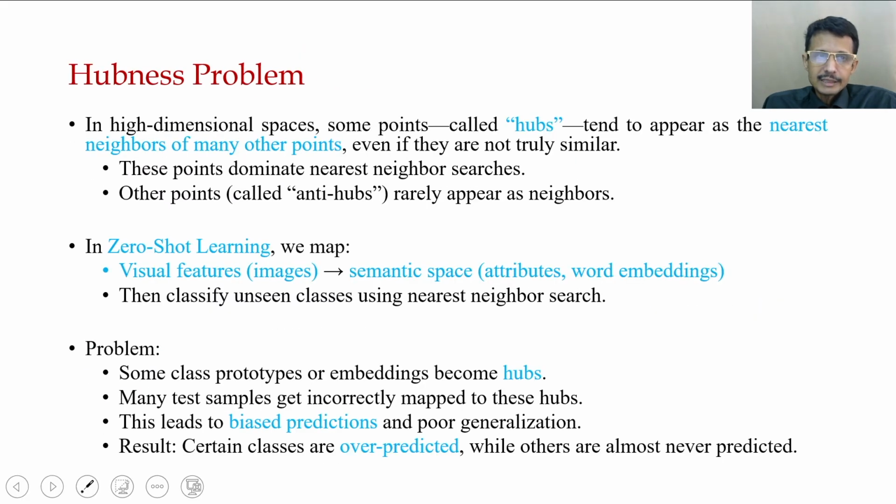So this is the basic understanding of the hubness problem: given such a hub, there is a tendency that at testing time, when we map from feature space to semantic space and use the nearest neighbor, it maps to some points within the hub, not the actual classes.